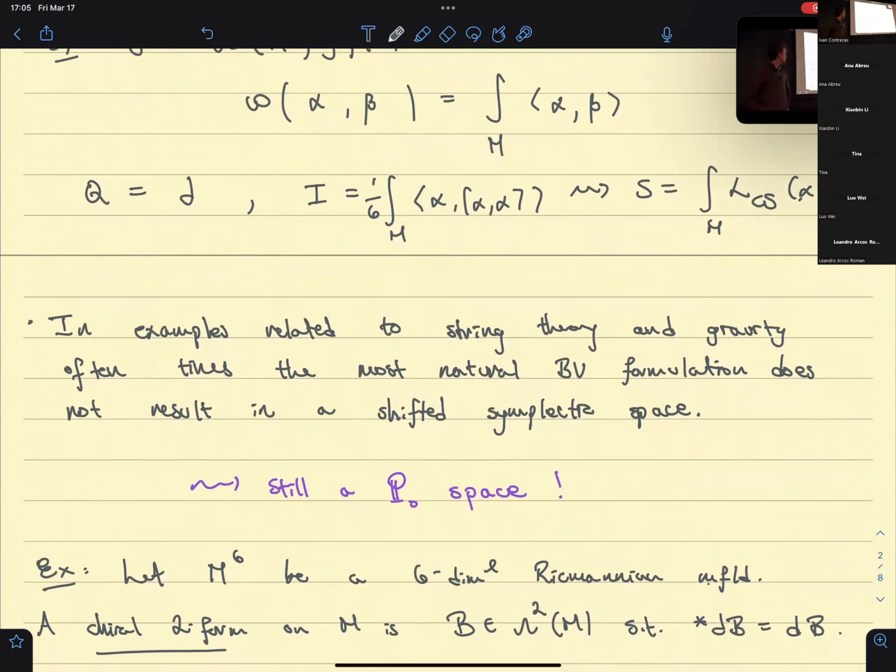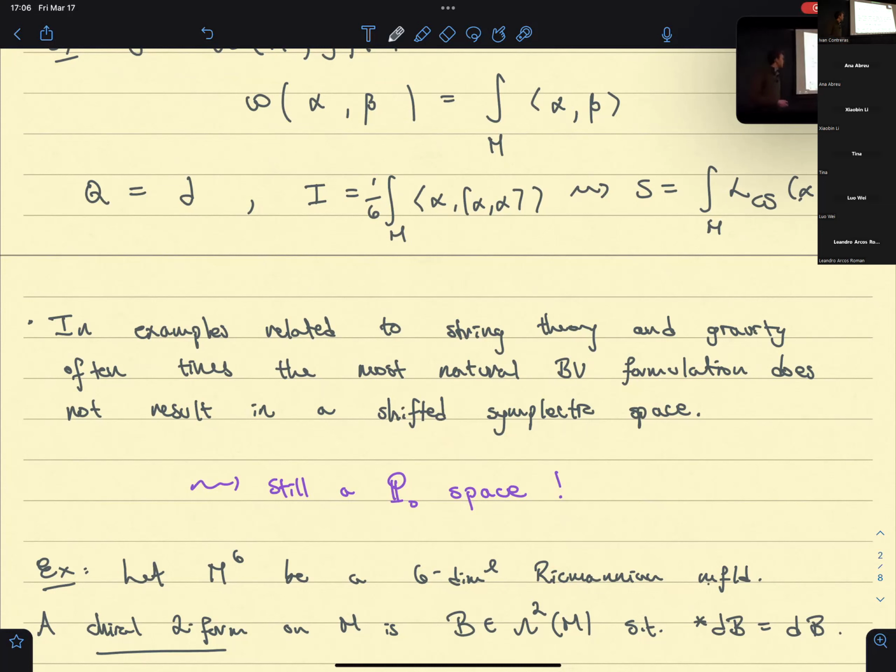Another example is related to string theory and gravity. Unlike this example, which is the simplest sort of topological gauge theory, the most natural BV formulation does not result in a shifted symplectic structure. But what I'll try to explain today with a few examples is that you oftentimes still have a P0 space.